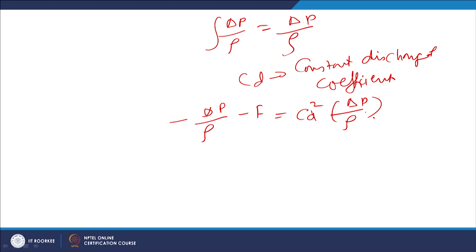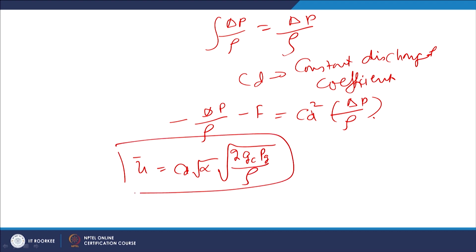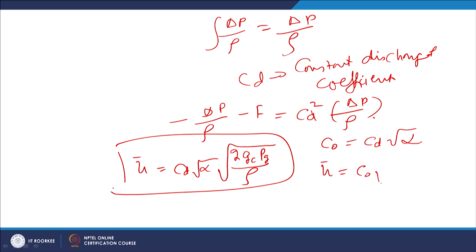So the average discharge velocity from the leak can be determined as U is equal to CD under root alpha twice gc upon this, like this. Now if we take C naught is equal to CD root alpha, then bar U is equal to C naught under root twice gc Pg upon rho.